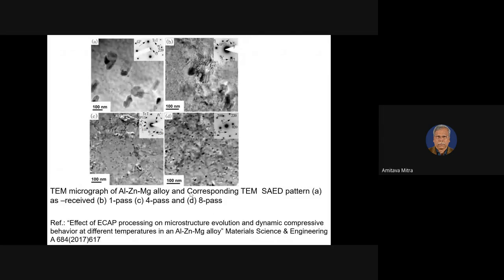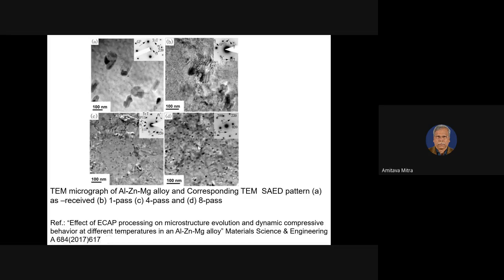This is an example of an aluminium, zinc, magnesium alloy and the corresponding TEM structure. This is the initial material. This is after one pass. This is after 4 passes, and you see this is after 8 passes.